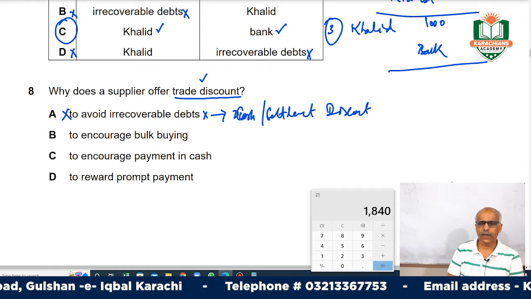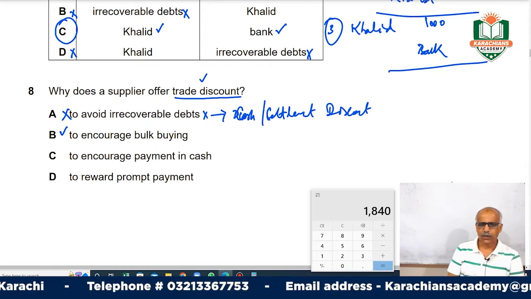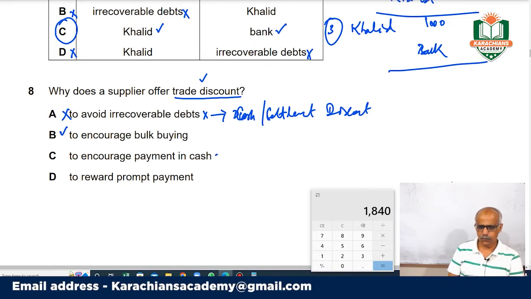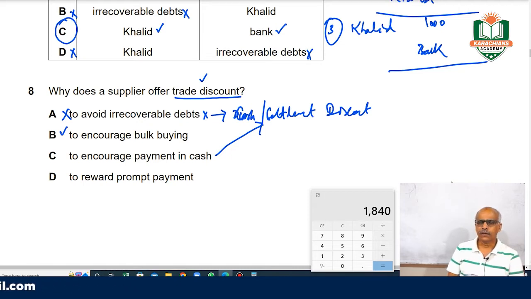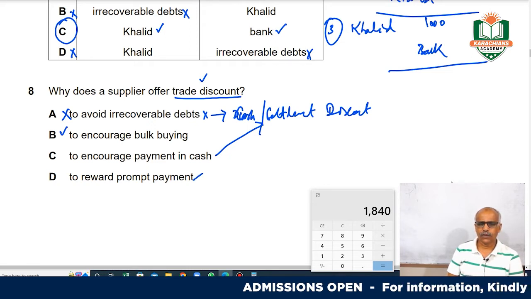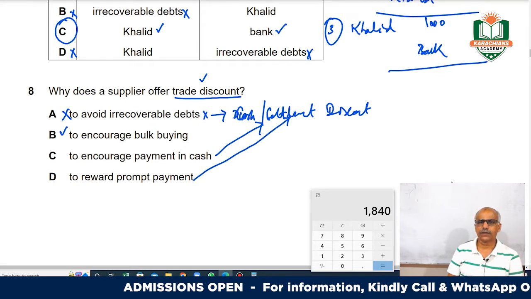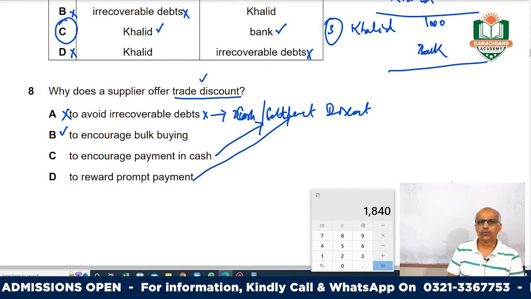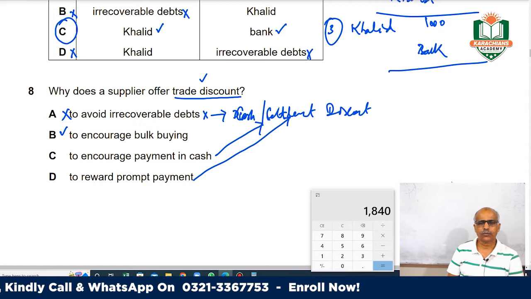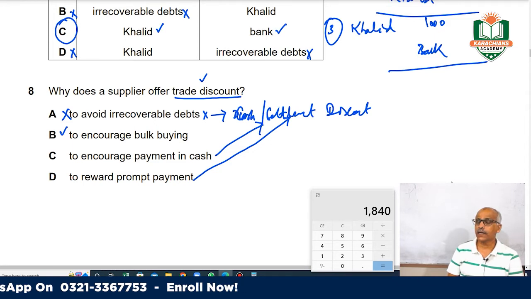To encourage bulk buying, this is correct. To encourage payment in cash, no, to encourage payment in cash we offer cash discount for speedy collection of money. Reward prompt payment, no. Prompt payment means you ask your customer to pay quickly, so for that purpose you give him the cash discount.